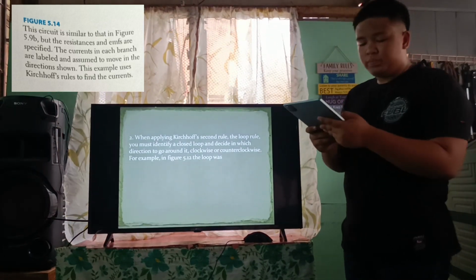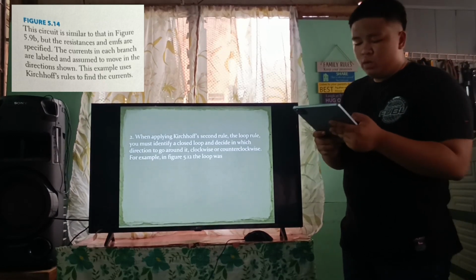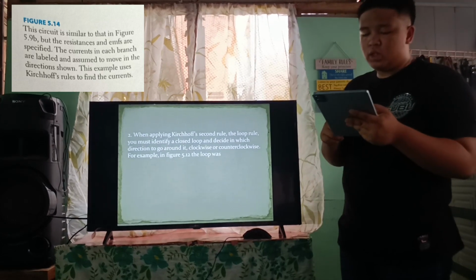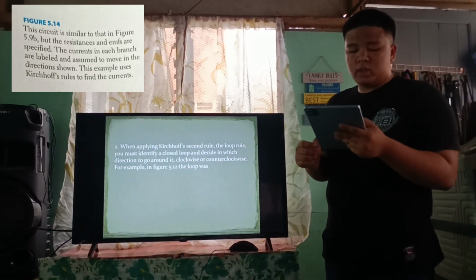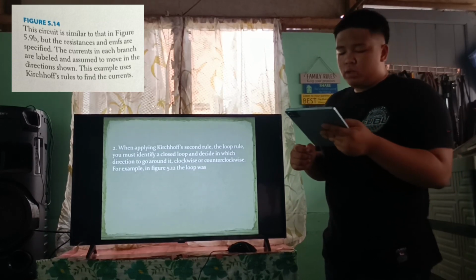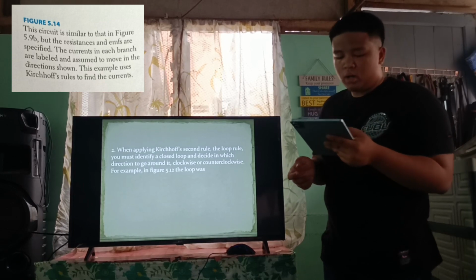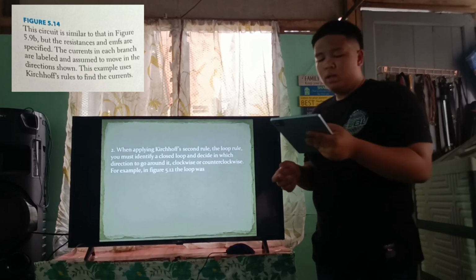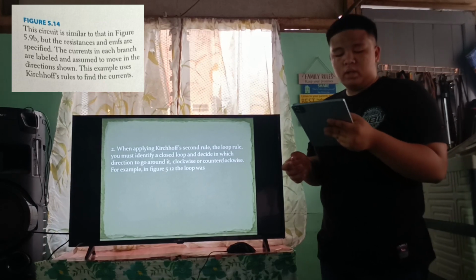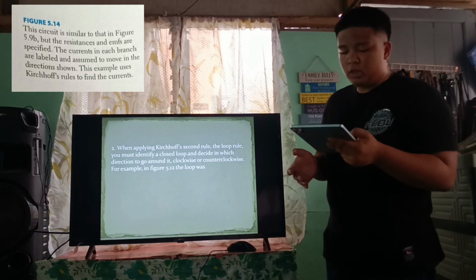And the second rule, the loop rule application. When using the loop rule, we identify closed loops in the circuit and decide which direction to go around them, either clockwise or counterclockwise. It's like choosing which direction to walk around a loop trail. The rule says that as we move around the loop, the sum of changes in potential, or voltage, must be zero.